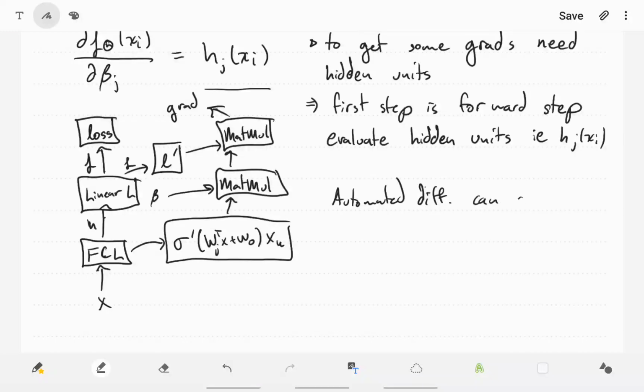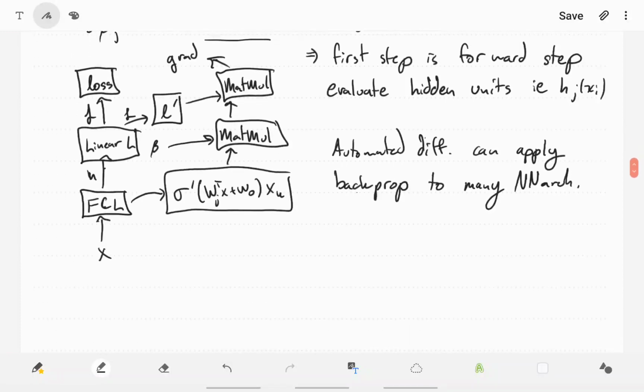Automated differentiation can apply backprop to many neural net architectures. Right? So that's the basic idea.